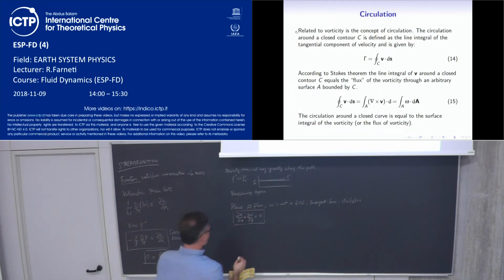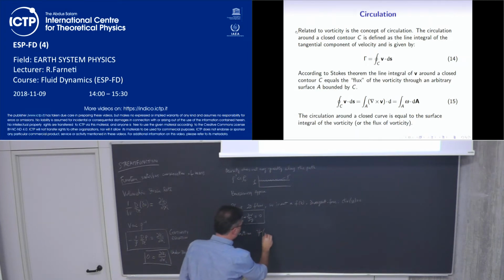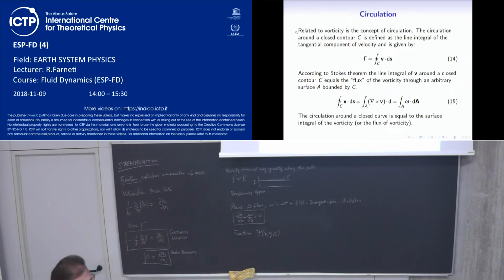We're going to define a function psi, which is a function of x, y, and time, not z, of course, because it's a two-dimensional flow, such that we have u equal d psi dy and v equal minus d psi dx.